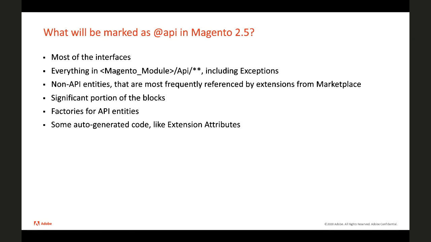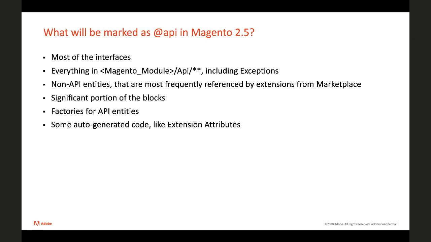And if the factory itself is not marked as API, you are forced to violate contract even though you want to use API entity, like product, for example. And it definitely makes sense that factories for API entities are marked as API. And that's what we are making sure that we will be doing in the future.